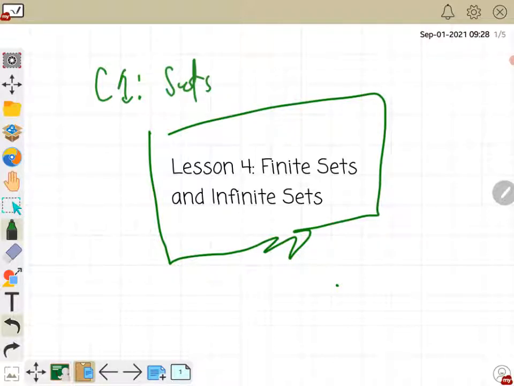In lesson 3, we learned about empty sets, the sets without any elements, and equal sets, those two or more sets with exactly the same elements. So in lesson 4, we will talk about finite sets and infinite sets and what are they.